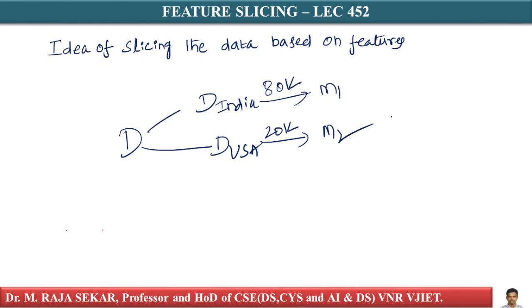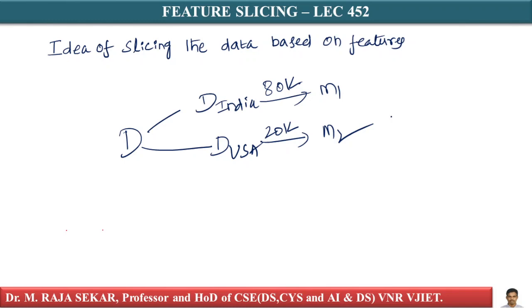One strategy that works is you split your total data capital D into two parts, and you train model capital M1 on all the people of India and train a different model capital M2 from USA.